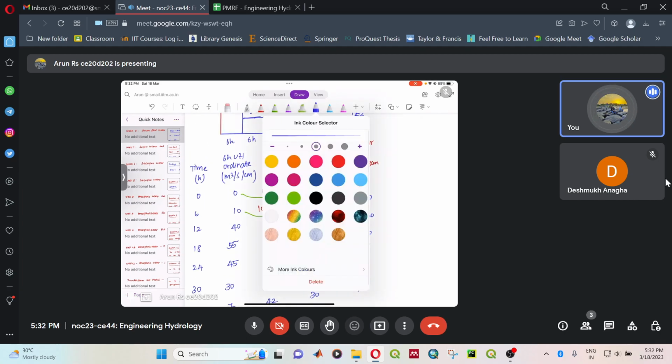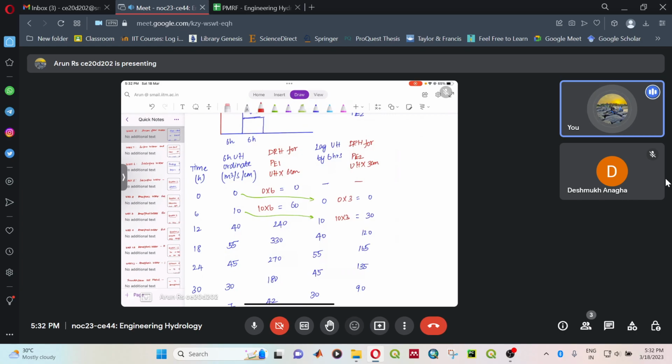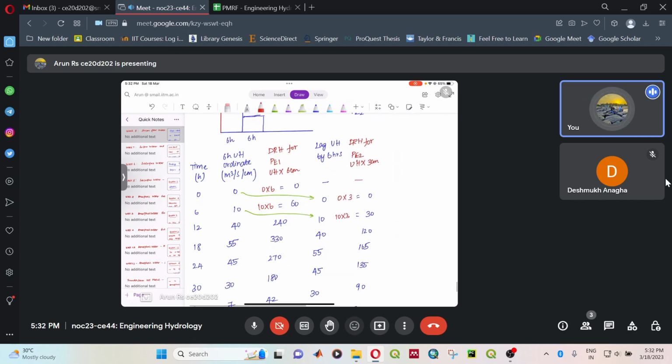So our aim is to find out what is the combined effect of these two events. So we are going to add up the red columns together. So that will give you the DRH for complex storm.